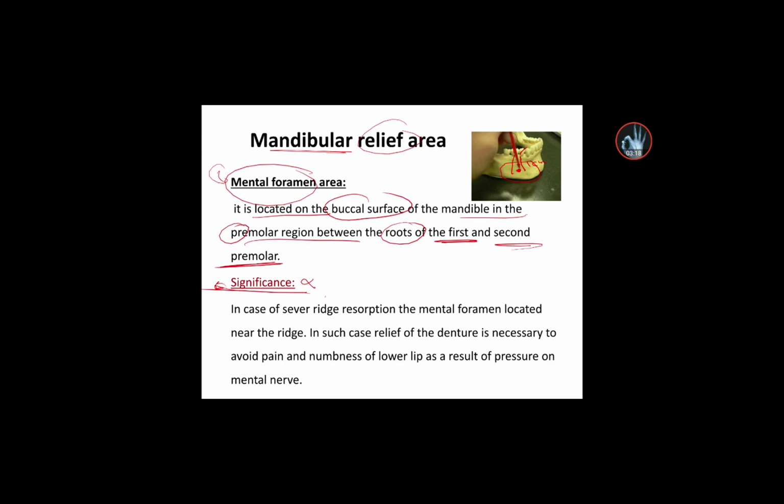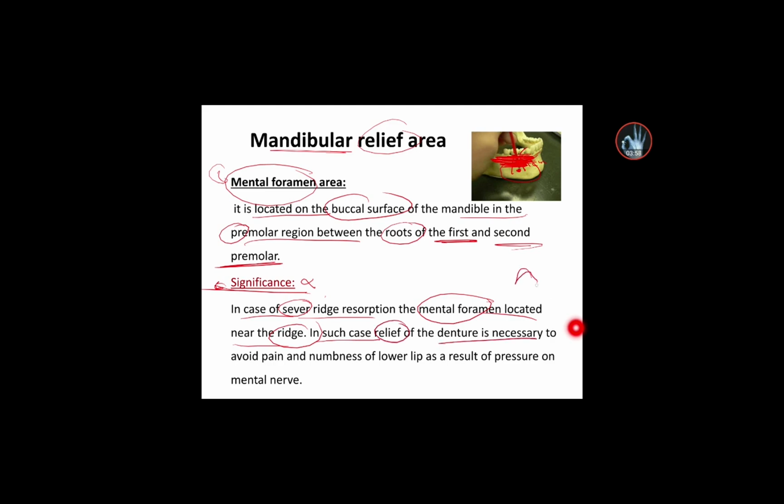Significance, أهميتها: in the case of severe ridge resorption, the mental foramen is located near the ridge. يعني إذا كان عندنا resorption حصل في تآكل هنا في العظم وراح يعني قد تصل إلى هنا فتصير المنتال foramen near to the ridge. So if there is a resorption and the alveolar ridge is resorbed until here, the mental foramen is near the ridge. So in such a case, relief of the denture is necessary.